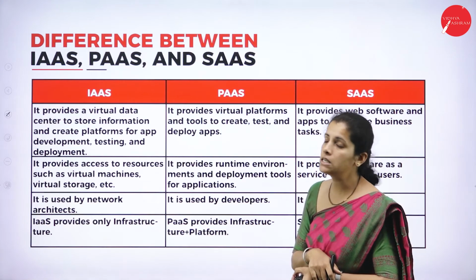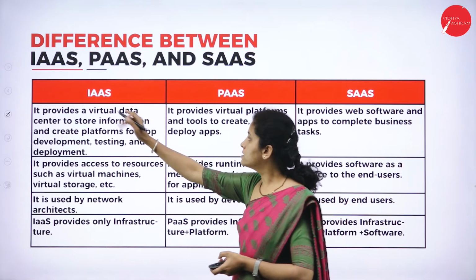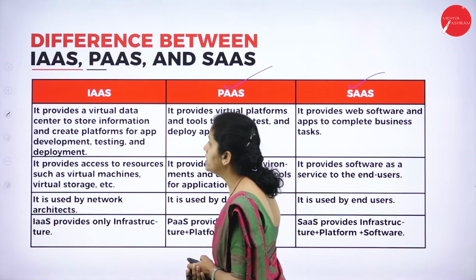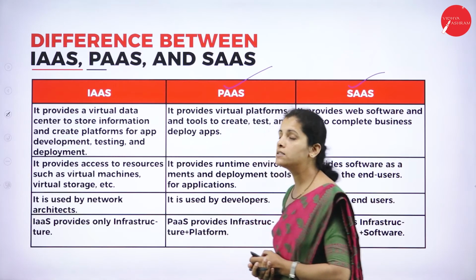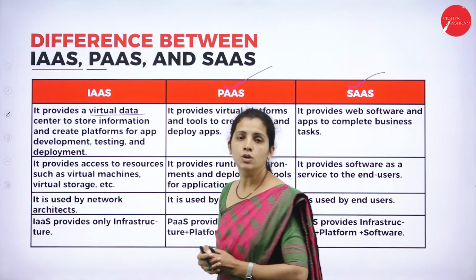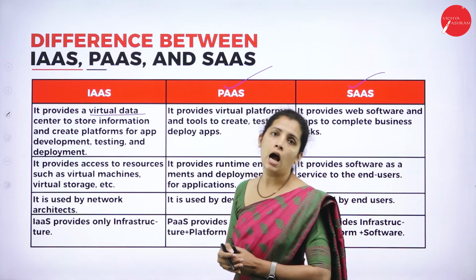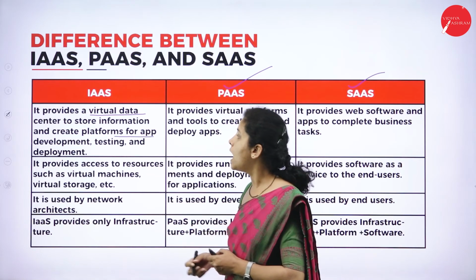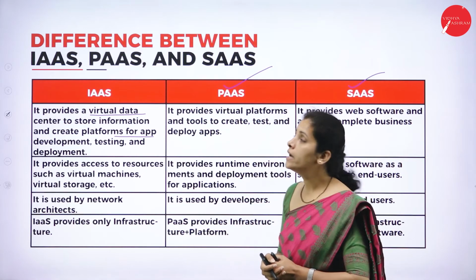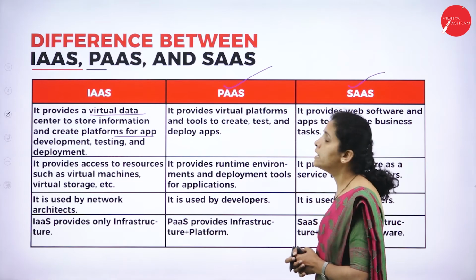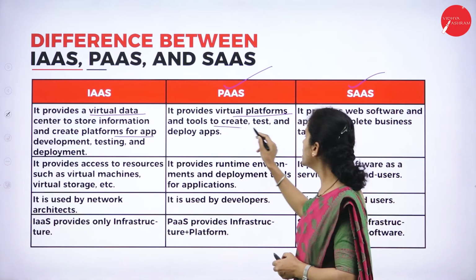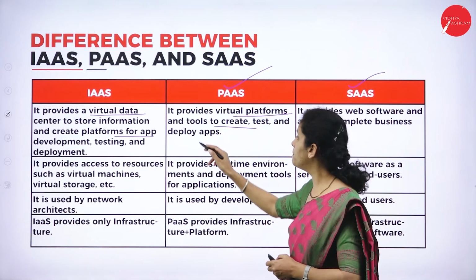Now let's discuss the difference between infrastructure as a service, platform as a service, and software as a service. Infrastructure as a service provides a virtual data center to store information and create platforms for application development, testing as well as deployment. Platform as a service provides virtual platforms and tools to create, test and deploy applications.